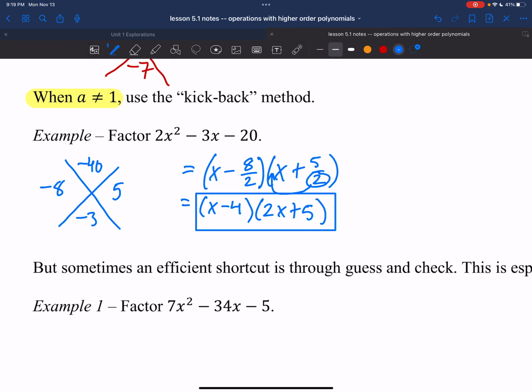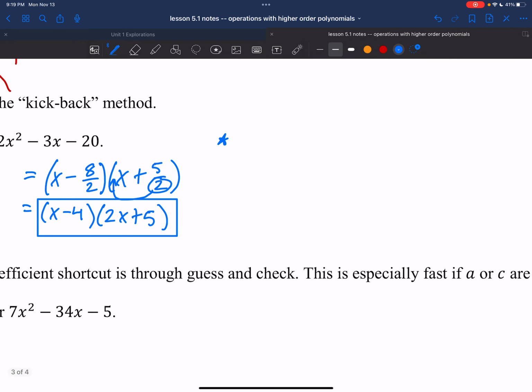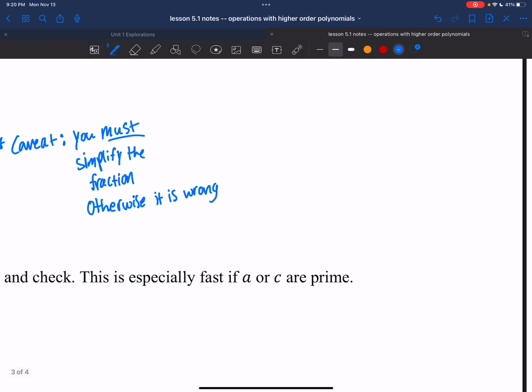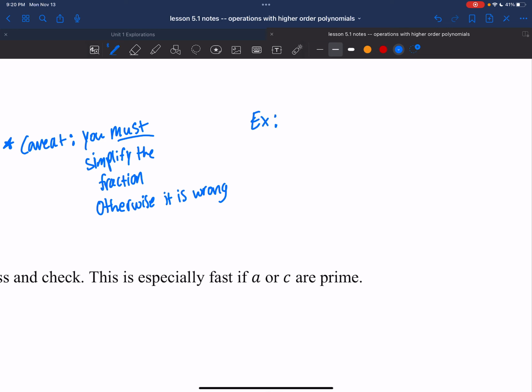Caveat, I'm going to note here: you must simplify the fraction. Otherwise, it is wrong. So here's an example.